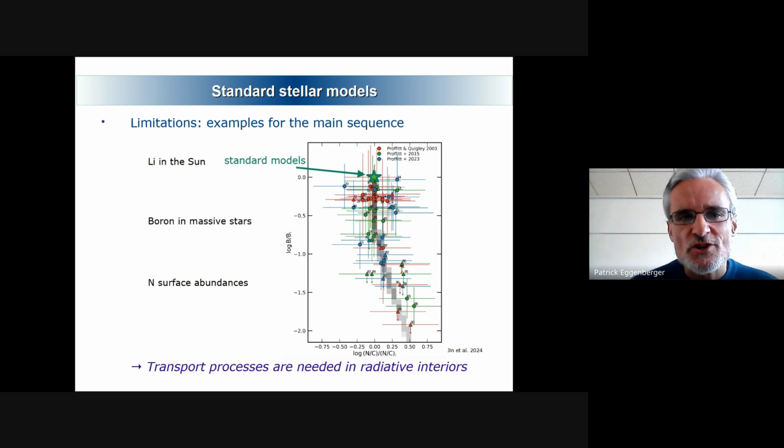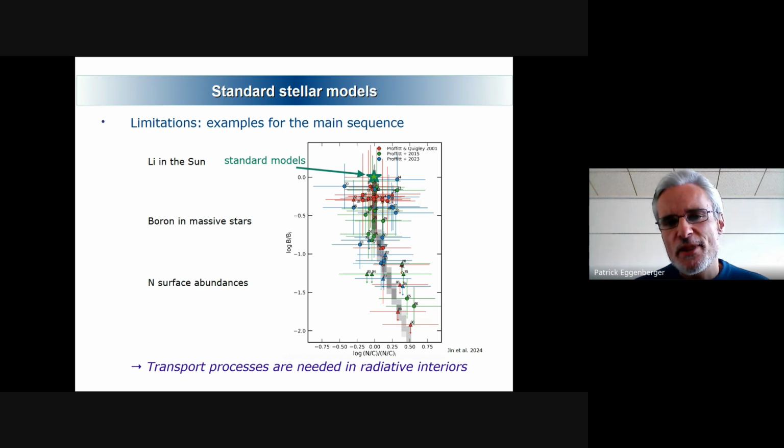For instance, you have here the boron abundance on the vertical axis, normalized by the initial boron abundance, and here you have the abundance of nitrogen divided by the abundance of carbon compared to the initial value, so when we say initial, at the ZAMS. If you have a standard model, which is indicated here, you would not expect any transport of chemicals in the radiative zone, which is seen as being a quiet zone without any turbulent transport.